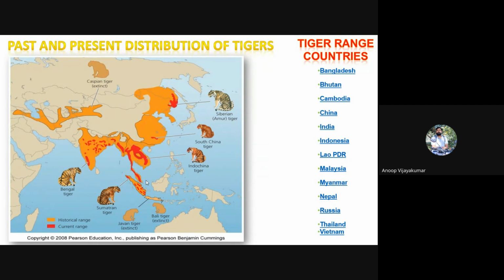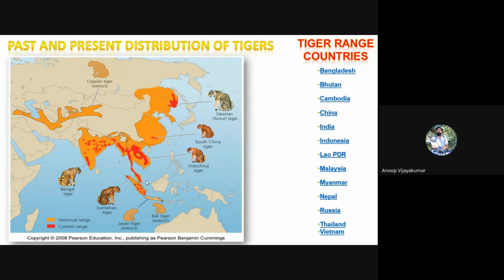The question I asked was, how many species? We have only Panthera tigris. But if you look at subspecies, what's the difference between subspecies and species? Species means they can interbreed and produce fertile offspring, the next generation.